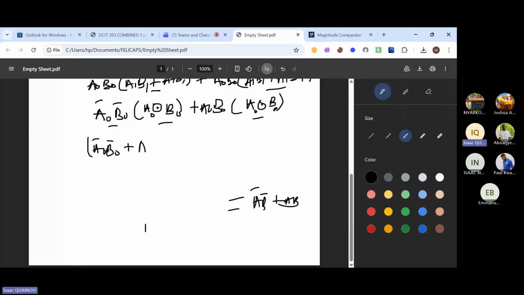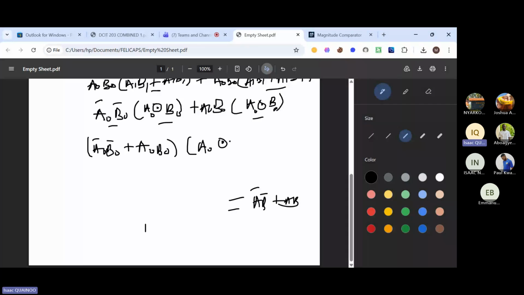So plus A0 B0 into one bracket and then another bracket. Now we can see that the values in the brackets are the same, which is A0 XNOR B0. Do we repeat it 2 times or just once? Just once. So we have A0 XNOR B0.